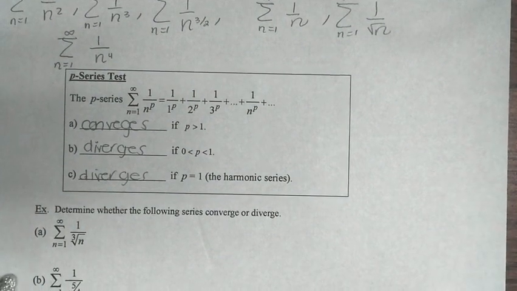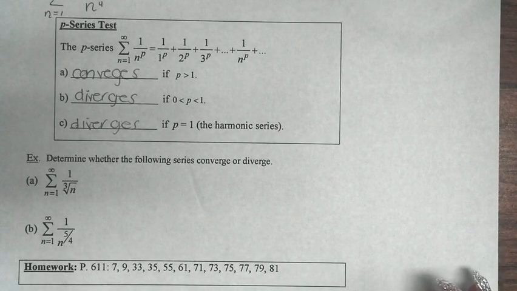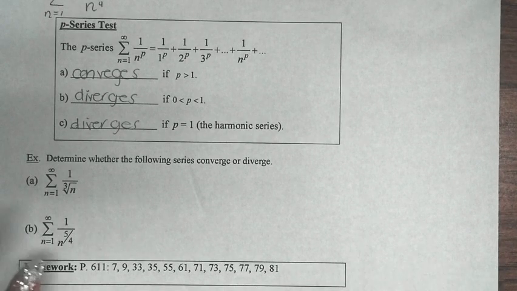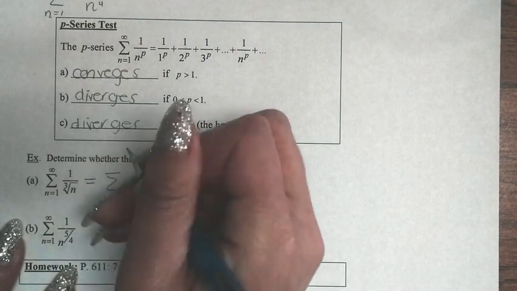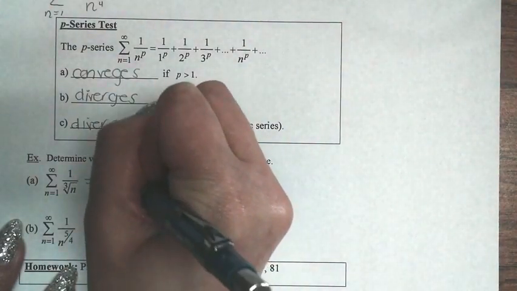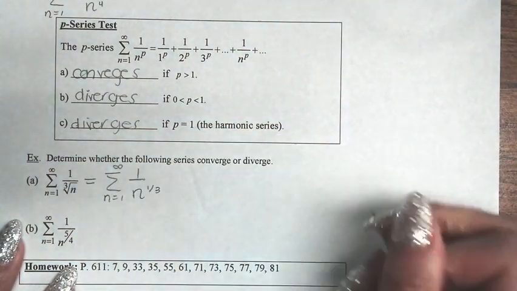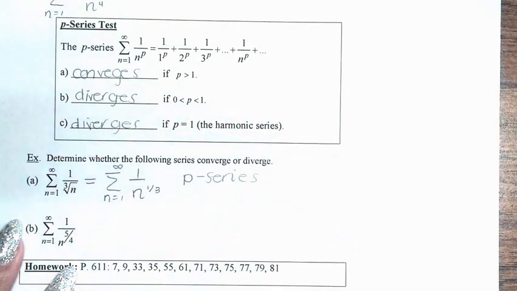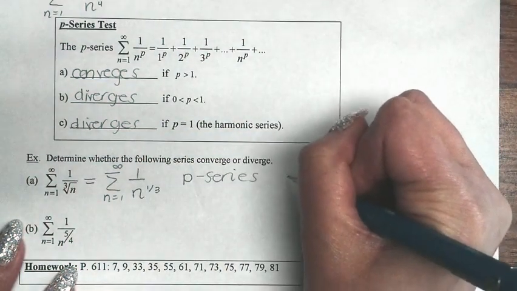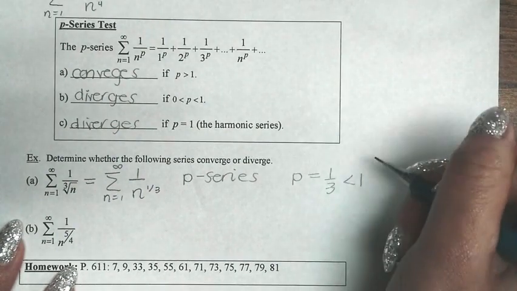Now let's go over two examples. Determine whether the following series converges or diverges. This one is the same as the summation from n equals 1 to infinity of 1 over n to the power of 1/3. So you can see clearly that this is a p-series as soon as we spot it. Moreover, p is equal to 1/3, which is less than 1.